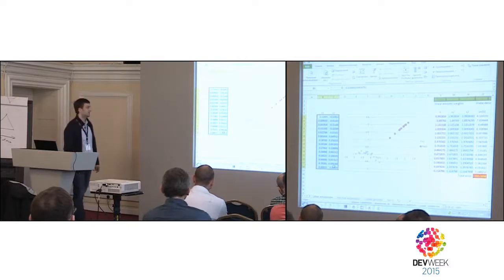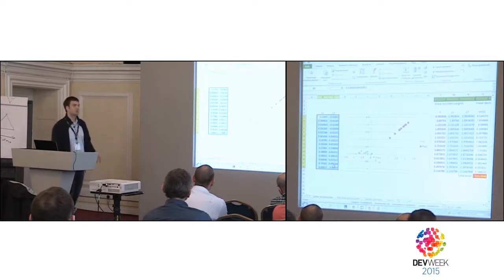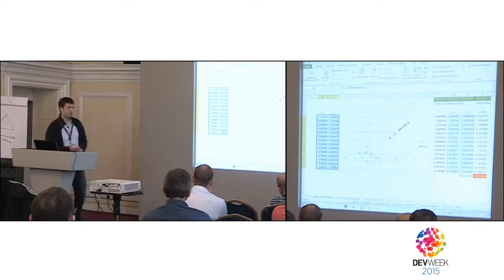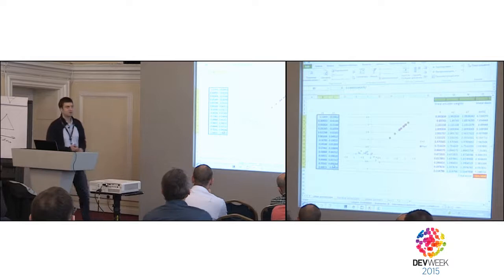PCA is a linear method. Basically, to receive the new system of coordinates, you need to make multiplications and additions with the original data. So the new system of coordinates can be found by linear algebra.